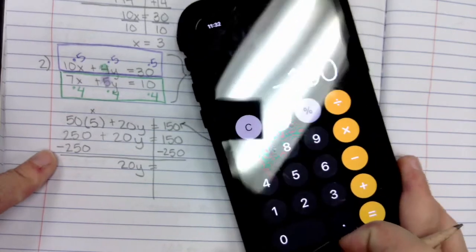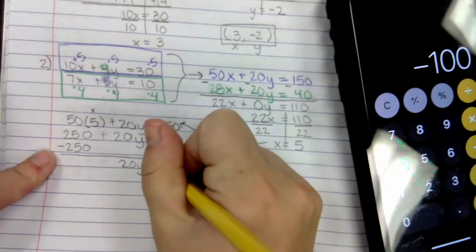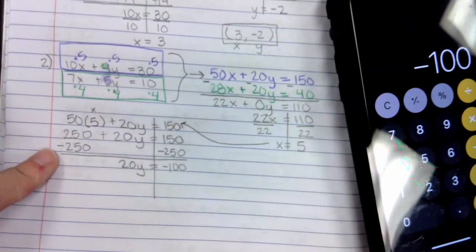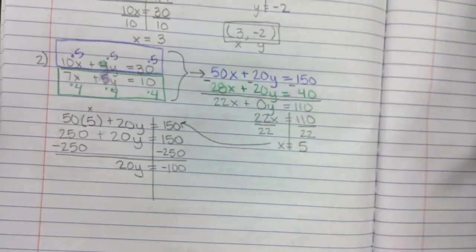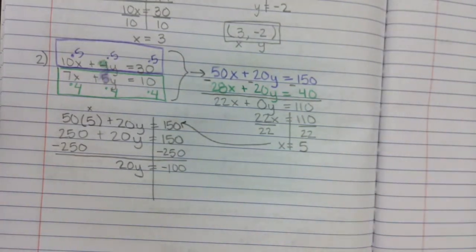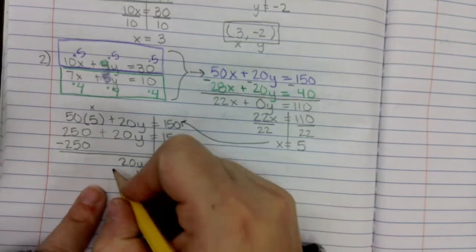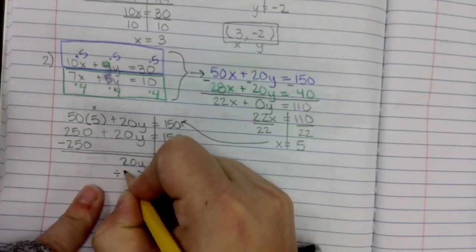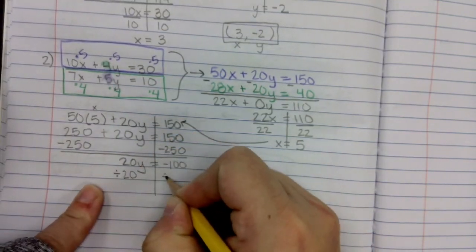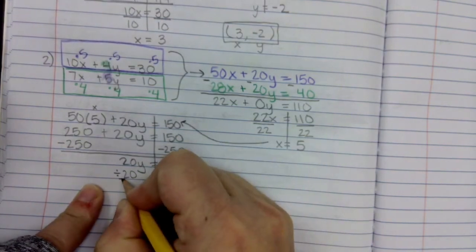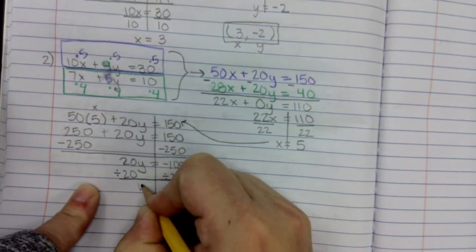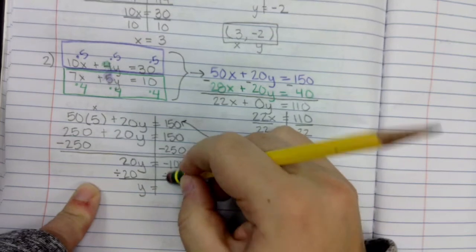Divide by 20. y equals, what is negative 100 divided by 20? Negative 5, yeah. Did anyone work ahead on this problem and pick a different equation to solve for y? Or did everyone use that 50x and 20y?